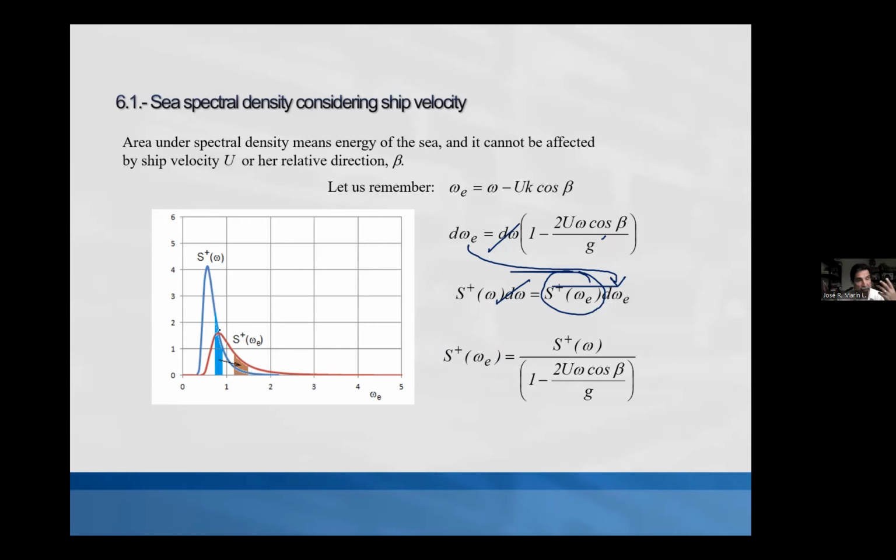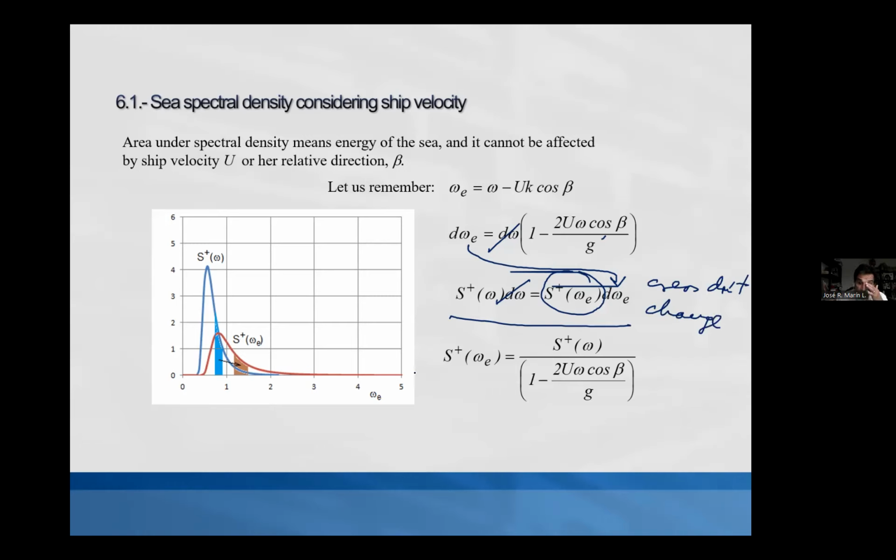So since we consider that the area below the spectral density means energy, that energy doesn't change because we have taken care of that, considering that both areas are the same. And this is what we're doing here. So areas don't change.